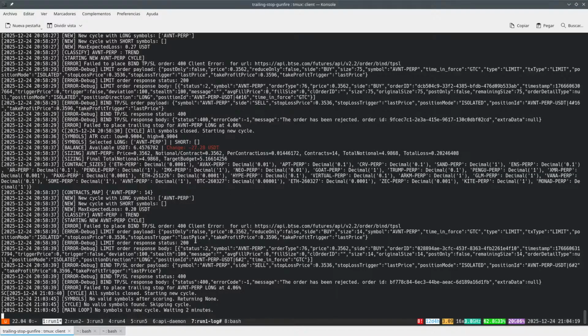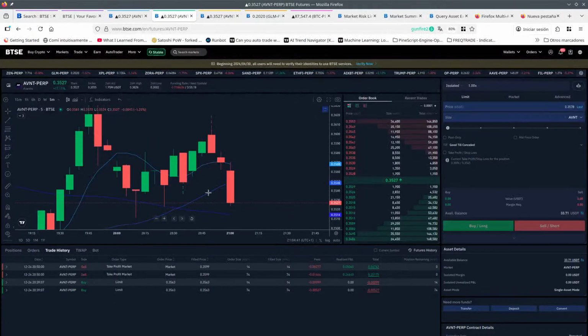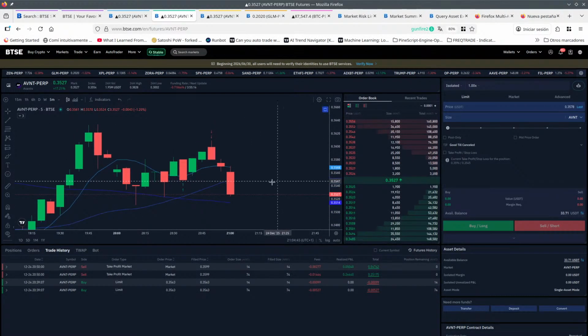I wonder if when it fails, it has saved it somewhere else, and no new cycle with event. I don't know why it has wanted to trade this thing here. So this would be something to be checking. So why the hell?